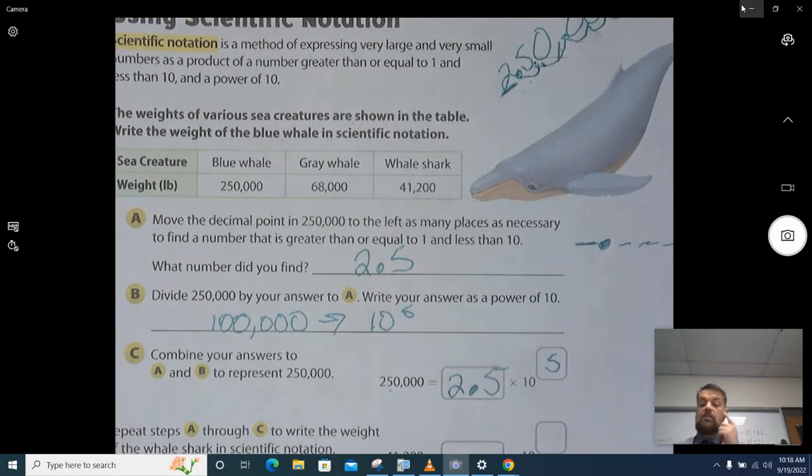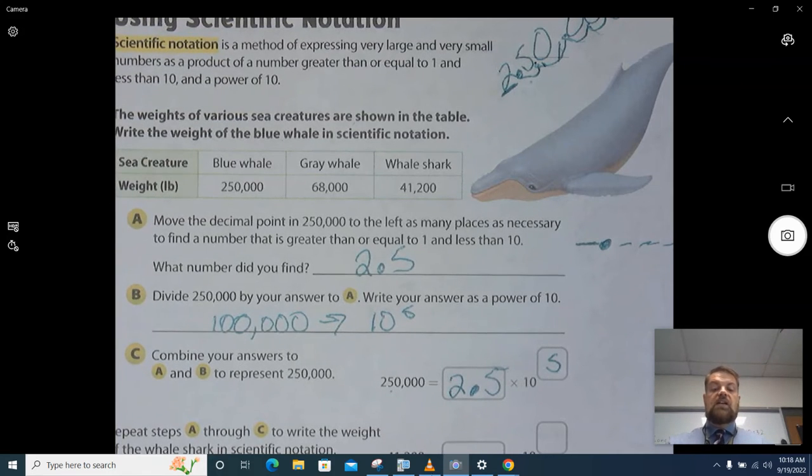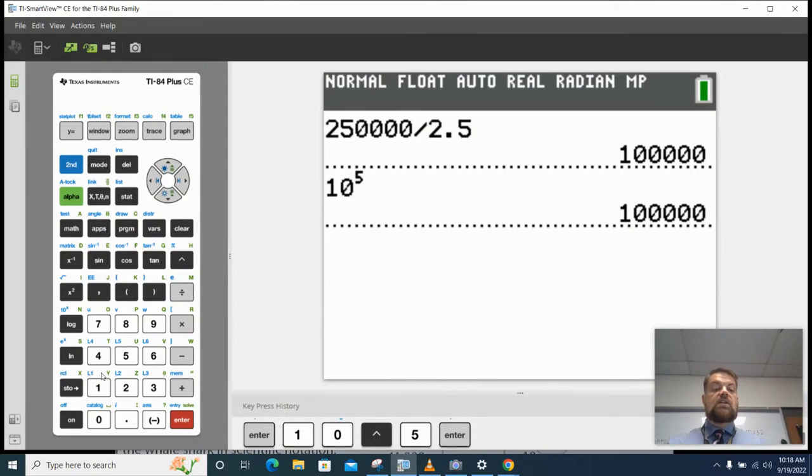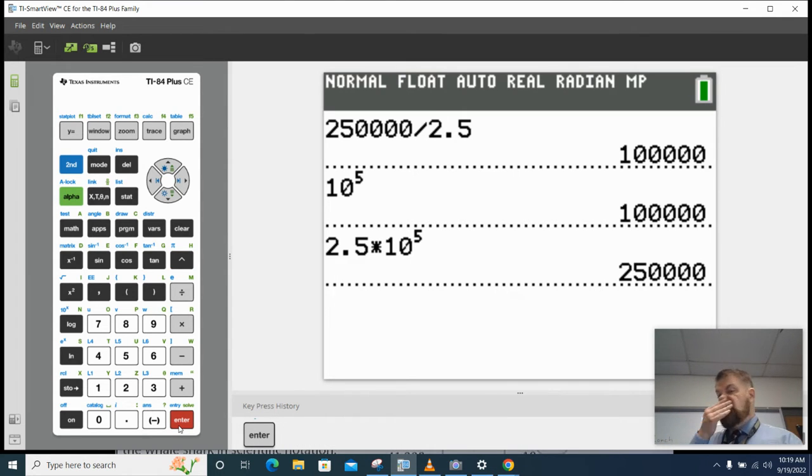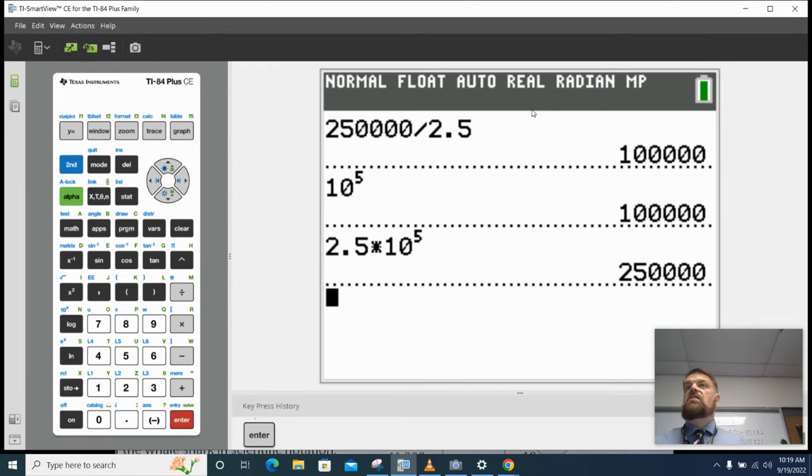Yeah. How do I double check that to make sure? Calculator. So let's plug that in our calculator and see. So I'm going to say 2.5 times 10 raised to the 5th power. Is that 250,000?